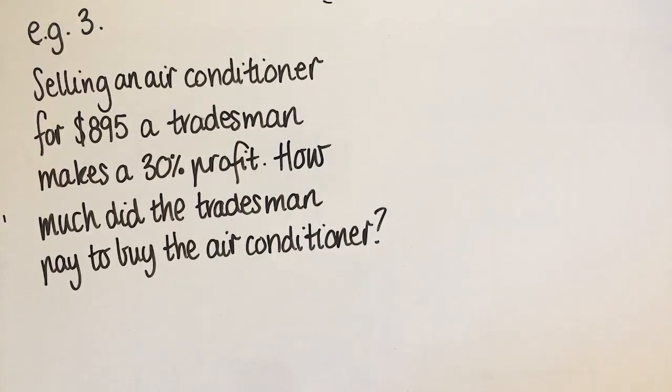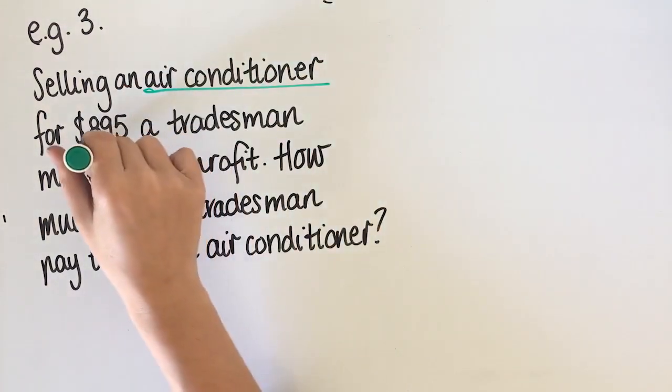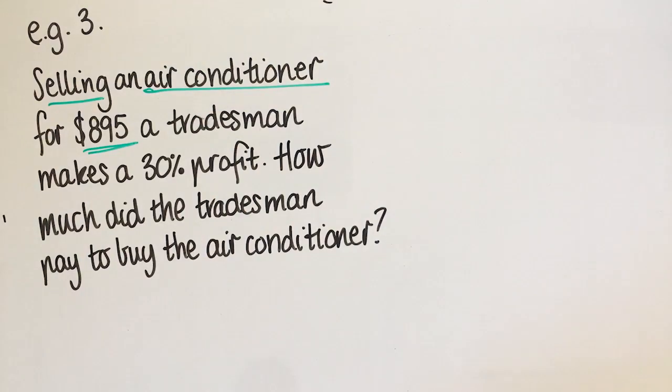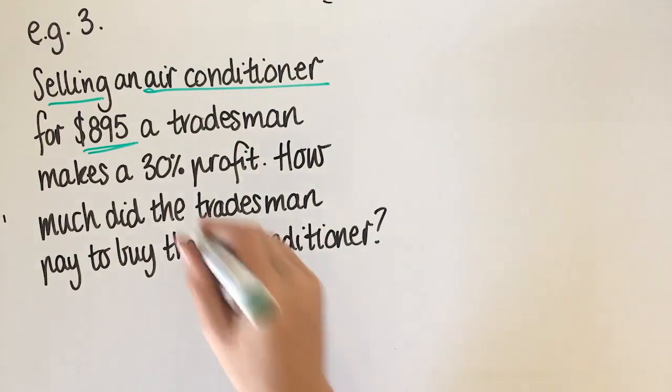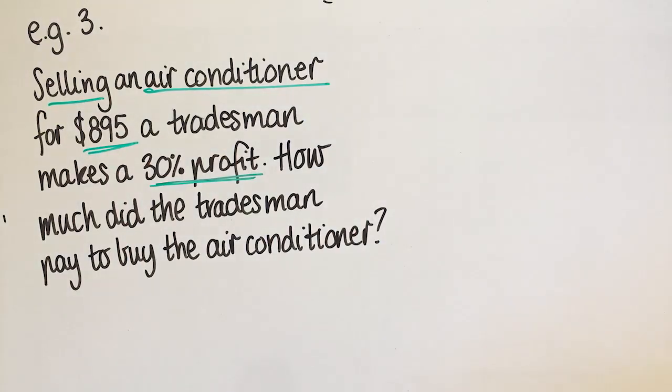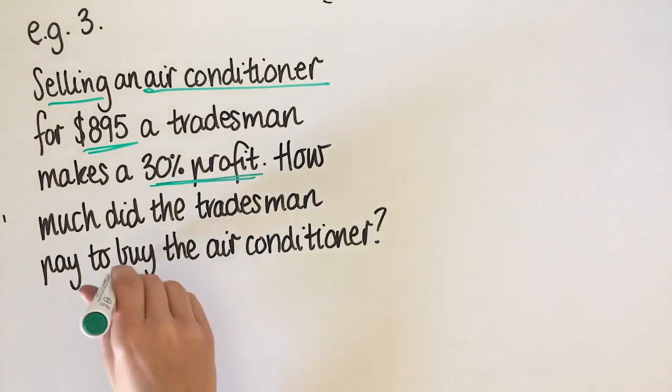What we've got is an air conditioner that is being sold by this tradesman for $895. And he or she is going to make a 30% profit. So how much did the tradesman pay to buy the air conditioner?